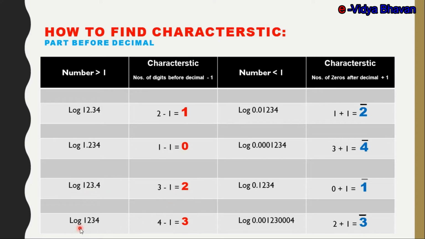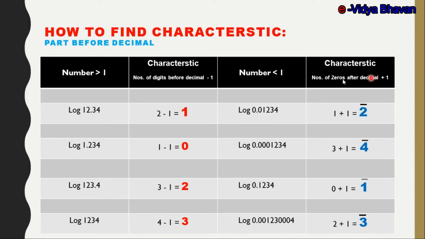And in the fourth example the number is 1234, we don't have the decimal, so let us suppose the decimal is after the number 4. So we have 4 numbers before the decimal, so we will consider 4 minus 1, that is 3. So these, which are shown in red color, are the characteristics for numbers greater than 1. So this is rule number 1.